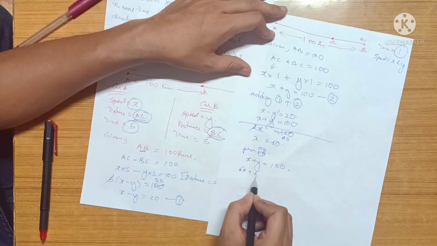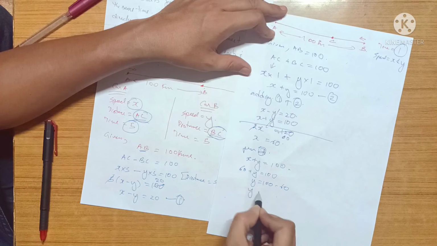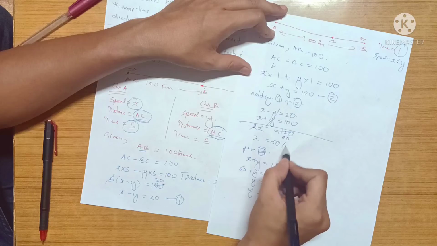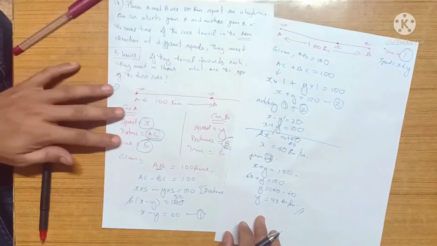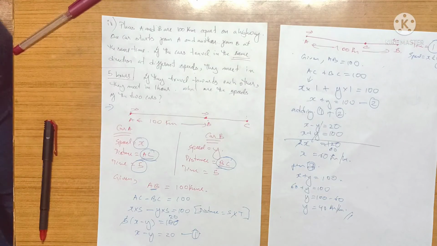So with x equal to 60, x plus y equal to 100, y equals 100 minus 60, which is 40 kilometers per hour. So this is kilometers per hour. That's the speed of car A and that's the speed of car B.